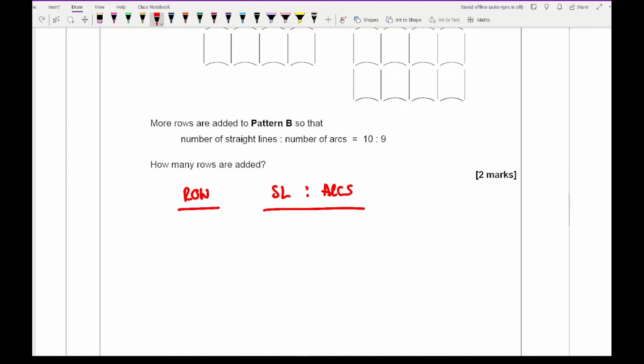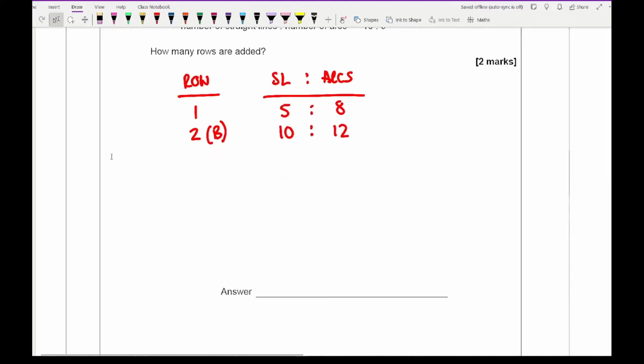And I need to write that in a ratio. So for the first row, we've got 5 and 8. In the second row, I've got 10 to 12. And this is my B, because that's our starting one. And then if I then start adding 15, 20, 25, 30, and then what I'm looking for is a ratio of 10 to 9.